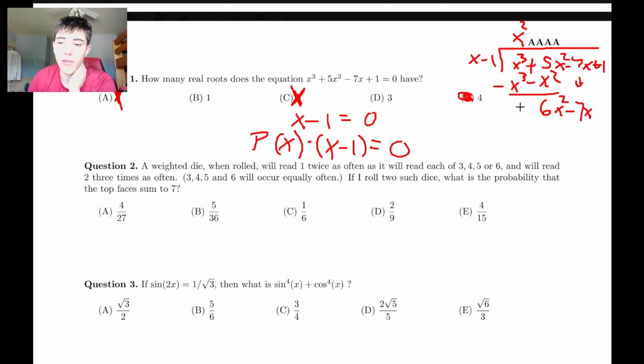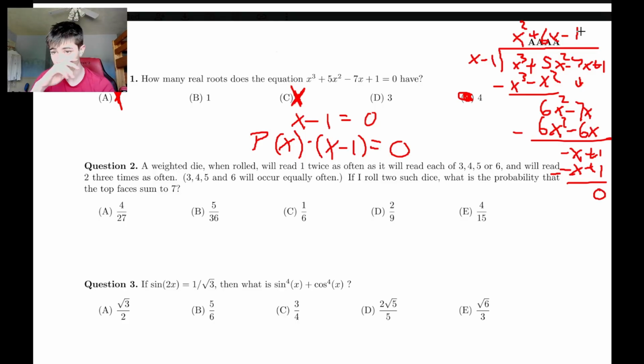And then the factor we need to multiply there is 6x, so we would add 6x up top. And so this would become 6x squared minus 6x. We'd take this difference to get negative x plus 1, and then that factor is going to be negative 1, and then negative x plus 1 has no remainder.